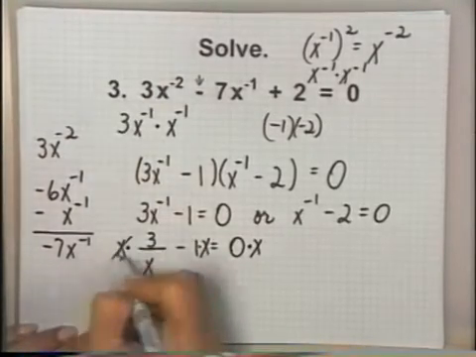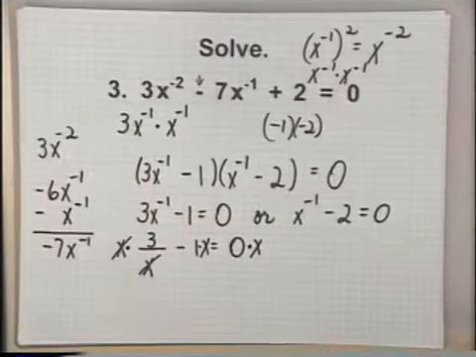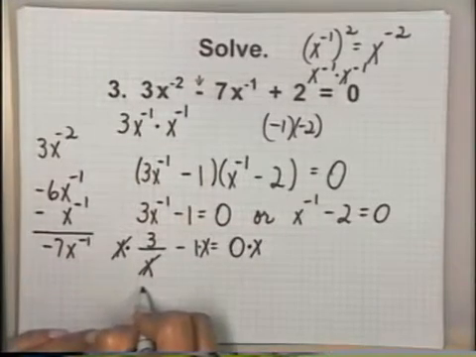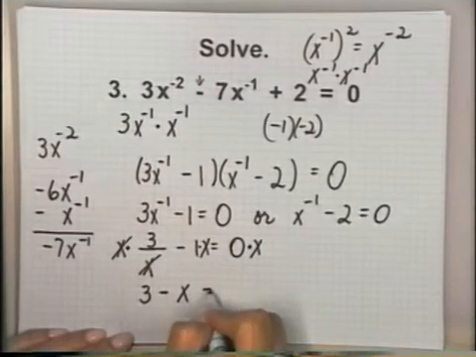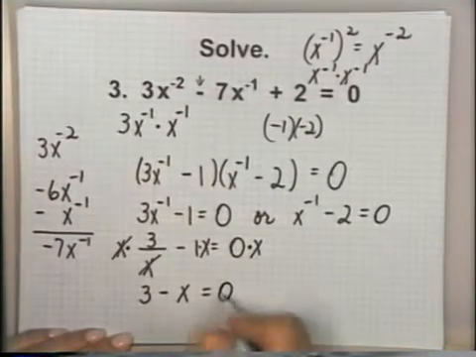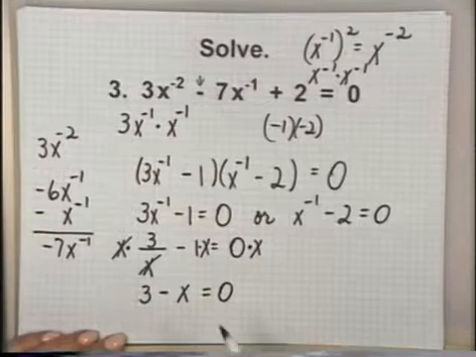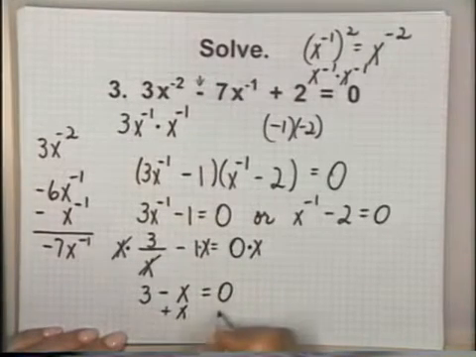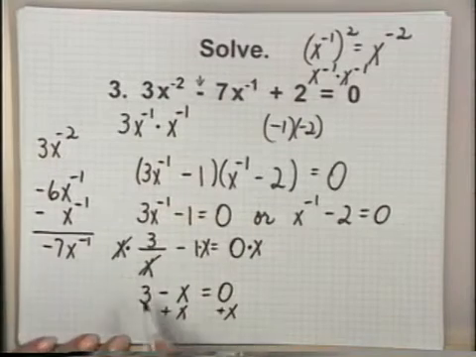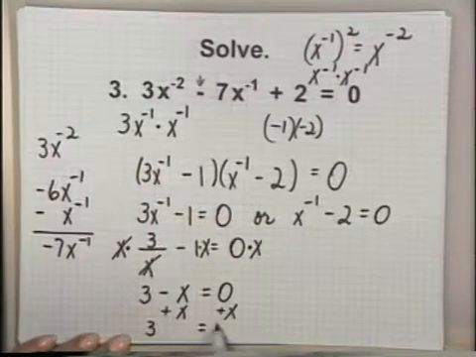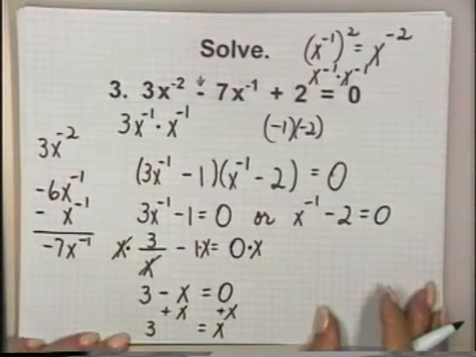So in this first term, x divided by x equals 1, so I'm left with 1 times 3 minus 1 times x equals 0 times x. How about if we add x to both sides to isolate the x, since it is a linear equation? We'll get 3 equals x.